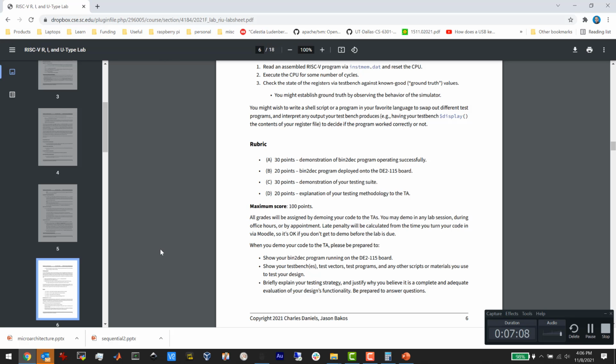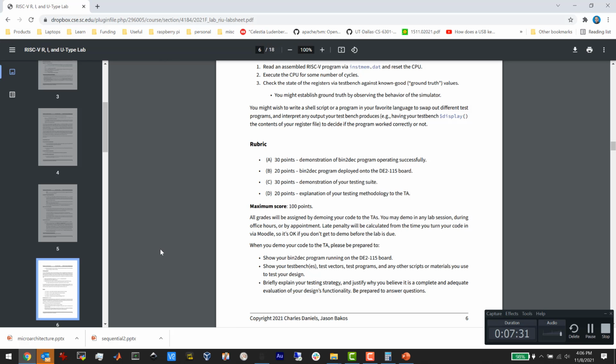Yeah, it's pretty vague. Demonstration of bin-to-dec program operating successfully. I mean, what does successfully mean? I guess you could interpret that as it needs to have a correct output. I think, though, if you're within a reasonable accuracy, it's okay.